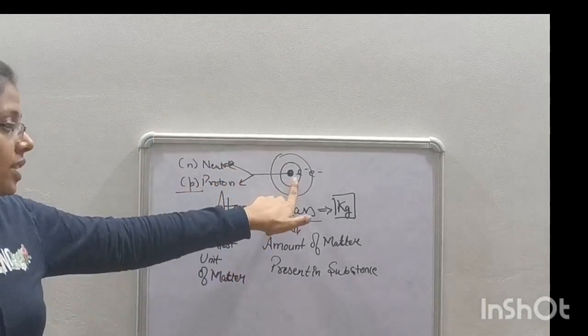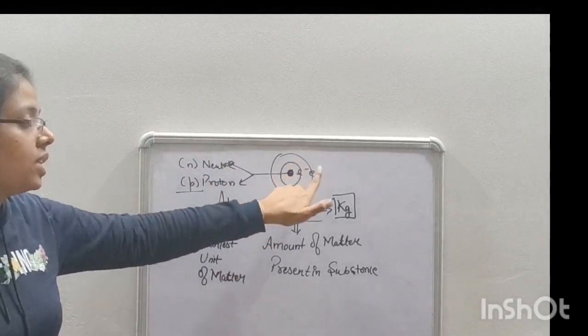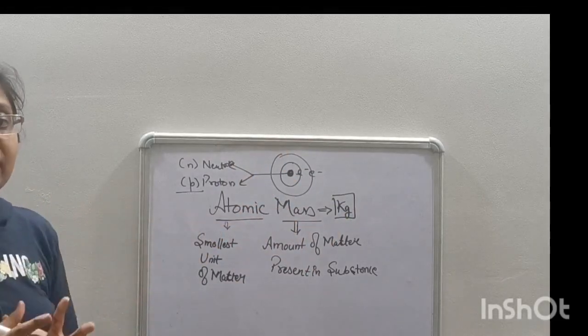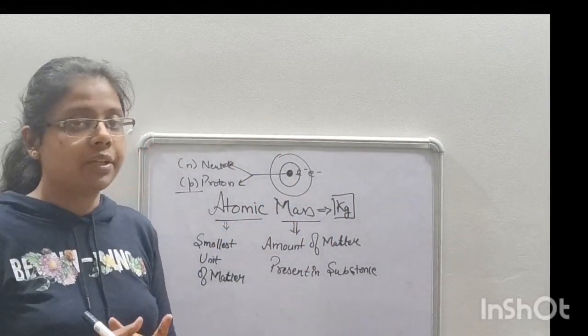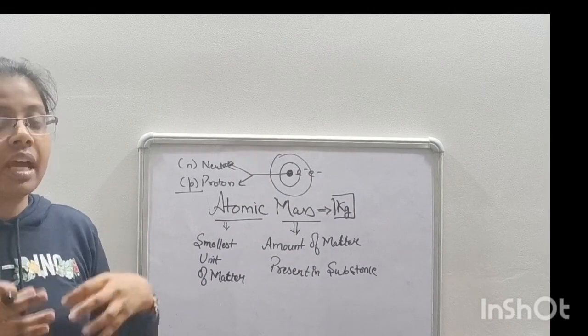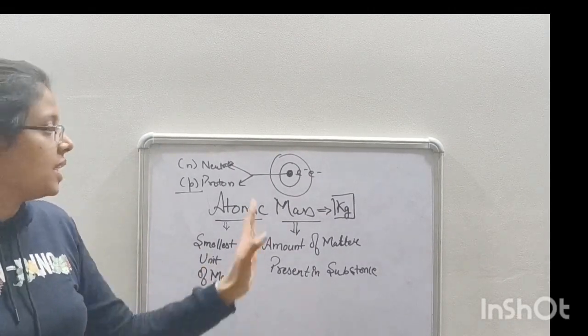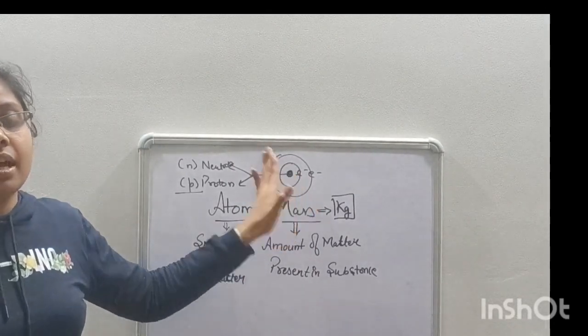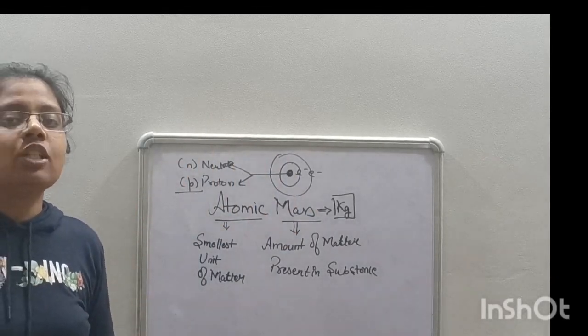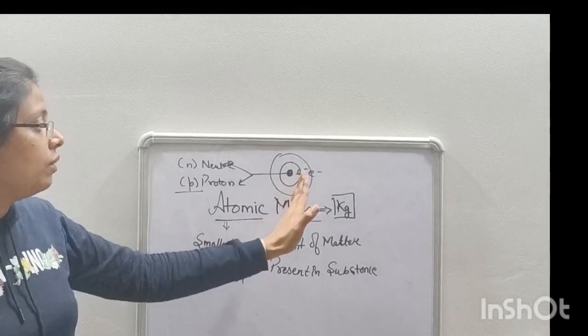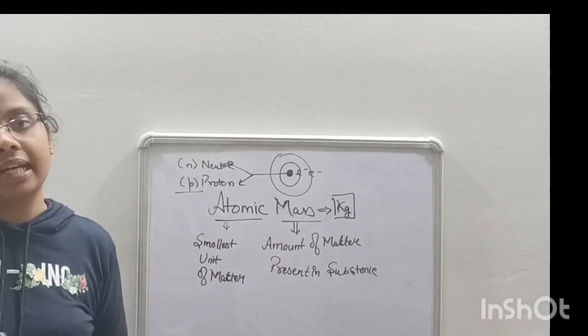This nucleus is made up of neutrons and protons. One thing we have to consider is that most of the mass of the atom, as also shown by the Rutherford experiment, is present inside the nucleus. Mass of an electron is very small. That's why when we consider the mass of an atom, we will just neglect the electrons.